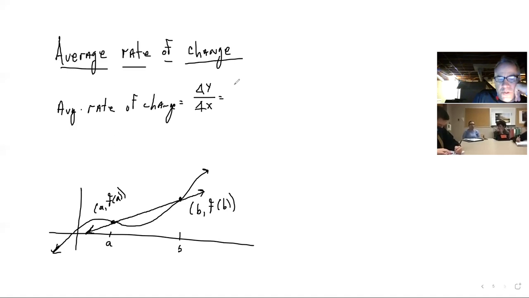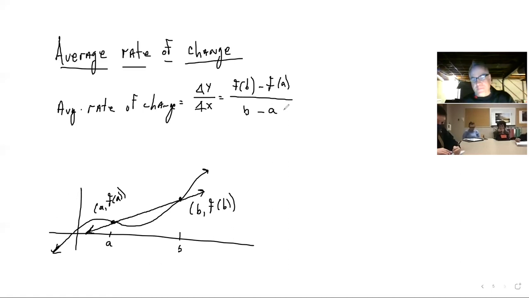So your change of y is f of B minus f of A, and in the same order, change of x is B minus A.